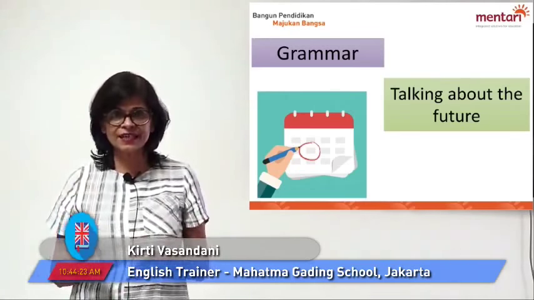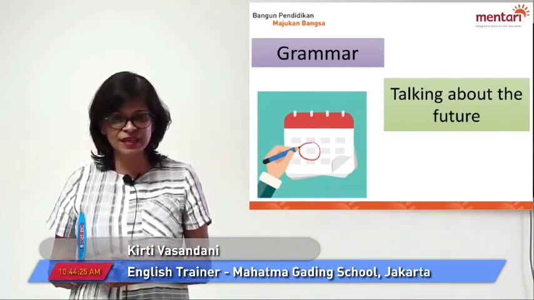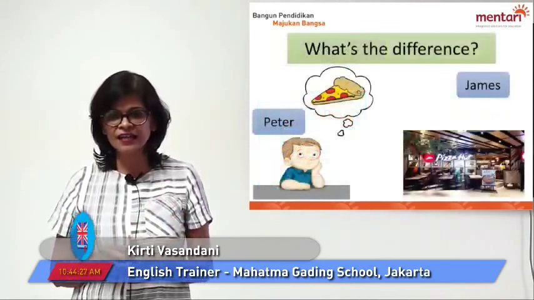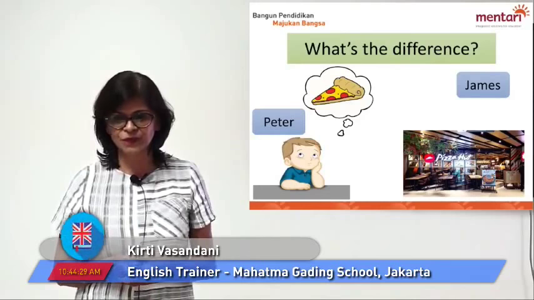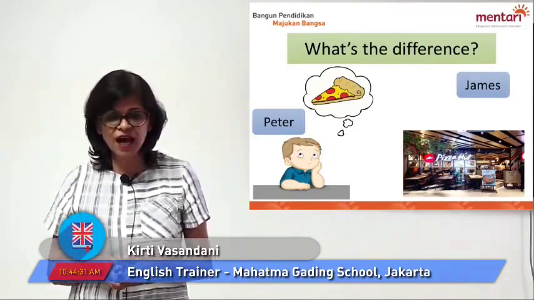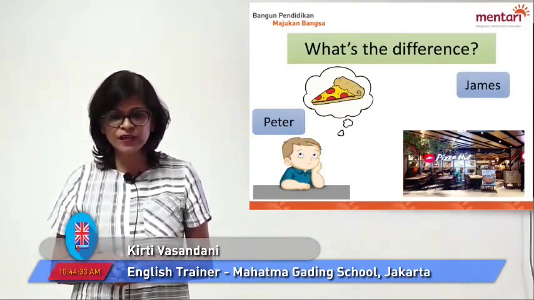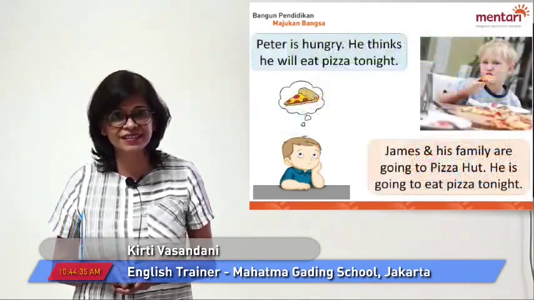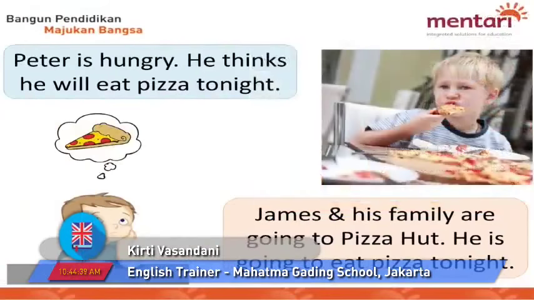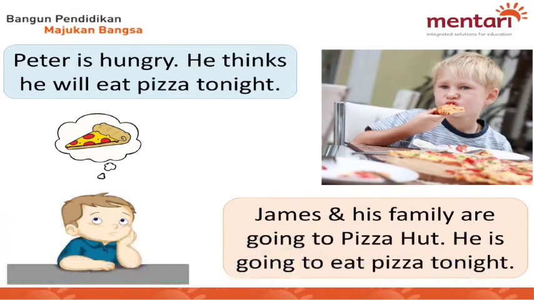Let's see what's the difference between Peter and James. Peter is hungry. He thinks he will eat pizza tonight. So Peter is unsure. He is still thinking whether he will eat pizza or something else. Let's read for James.